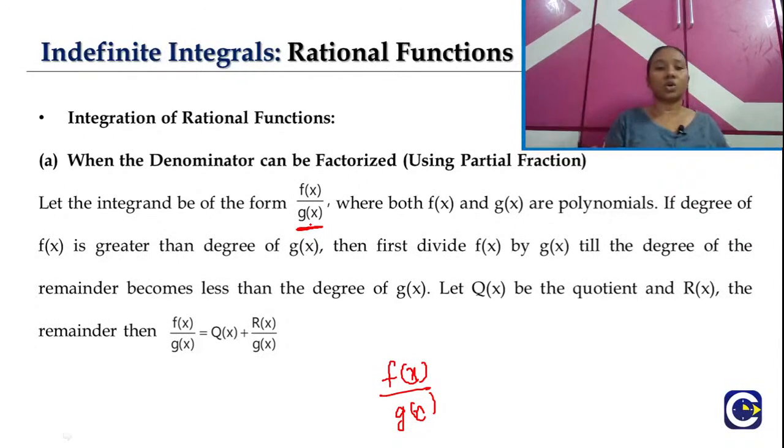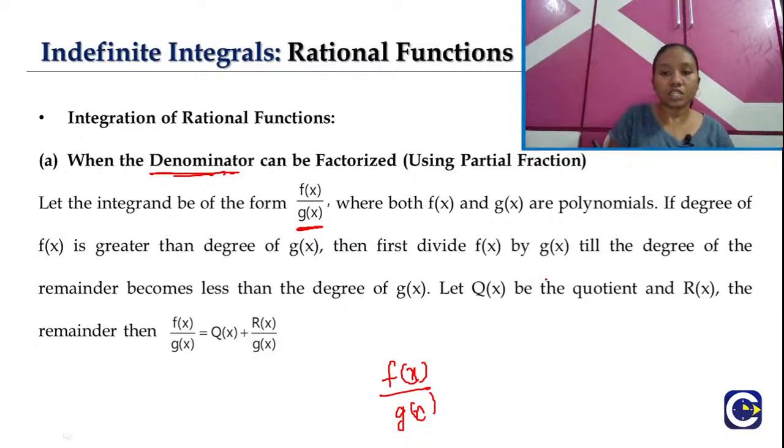Here comes my denominator g of x. With that, I will have my first case of integration of rational functions, that is, when the denominator can be factorized. So what is my first case here? When the denominator of the given rational function can be factorized.